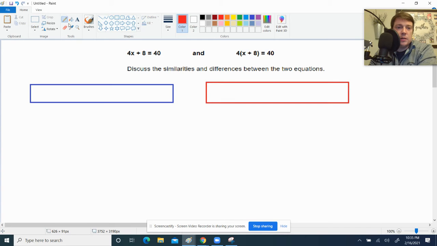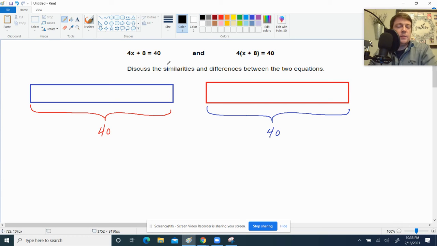All right, so let's start with the one on the left. It says that we have a total of 40, as you can see by the number by itself. Actually, let's go ahead and do that for both of them. So this one also has a total of 40. All right, now the one on the left has 4 x's and a single 8 added together.